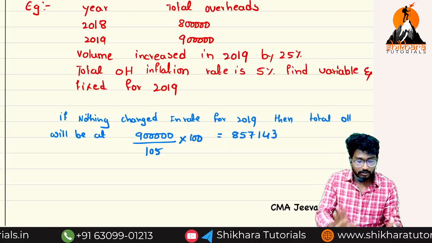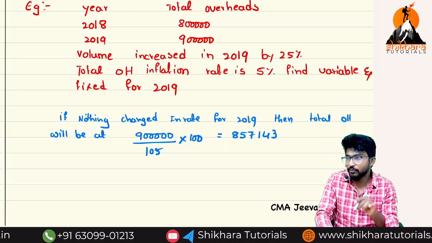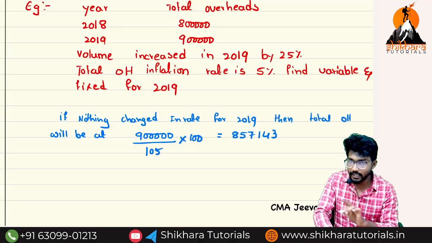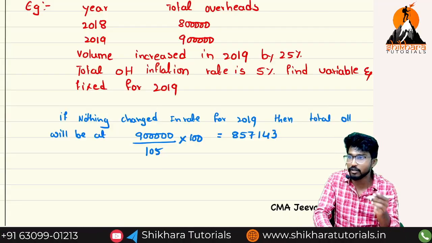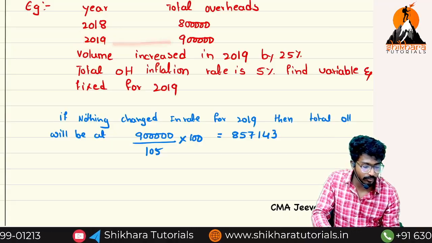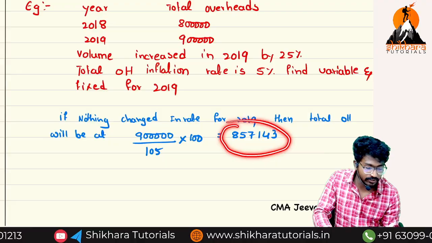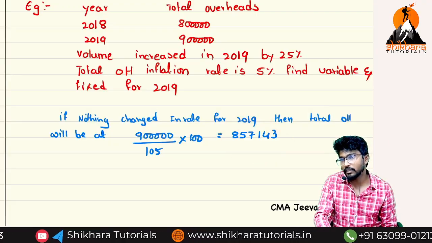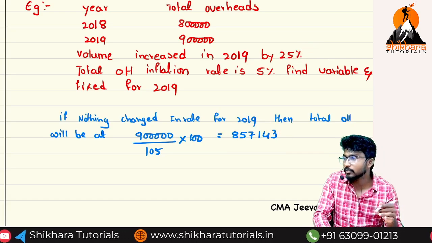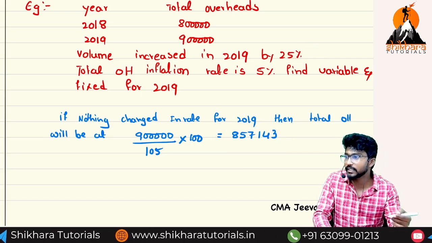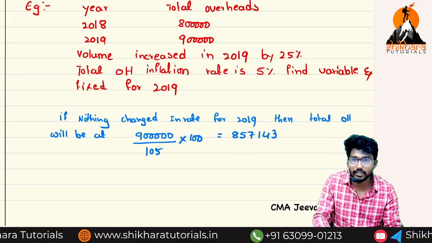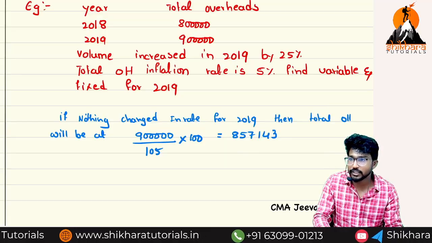That means if only volume is increased and nothing happened to rate, then for 2019 your total overheads will be at how much? 8,57,143. Now if only units is increased, then your total cost will be at how much? 8,57,143.